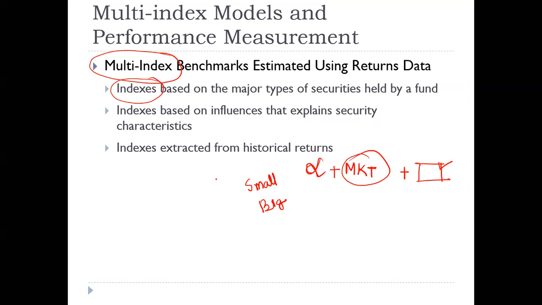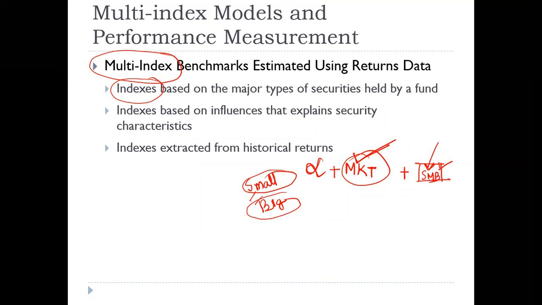Our portfolio includes small and big stocks, and small stocks tend to outperform big stocks, but the market factor does not account for this difference. So we should include the SMB factor here.